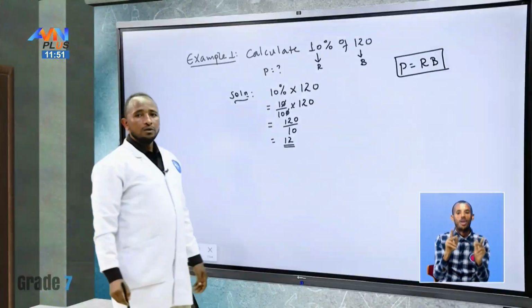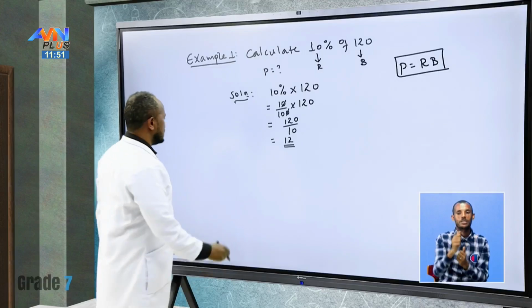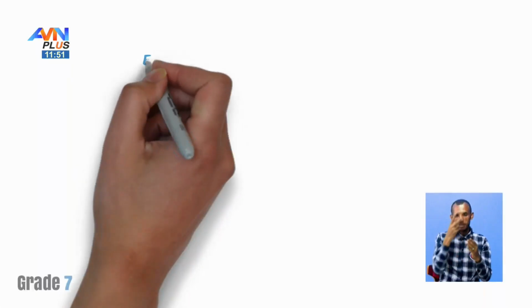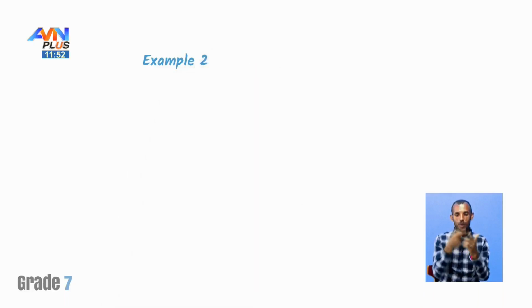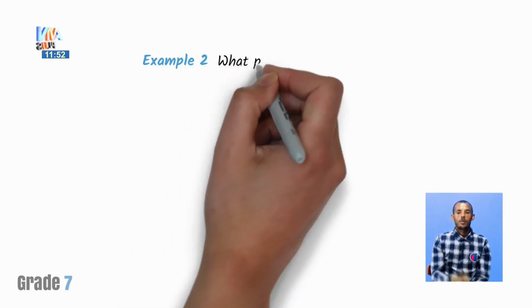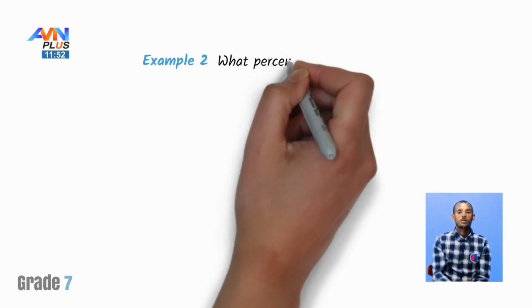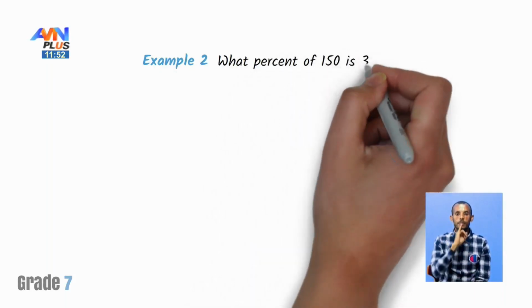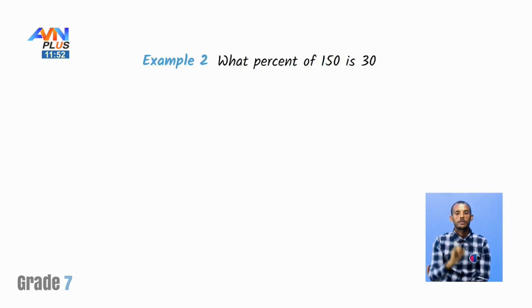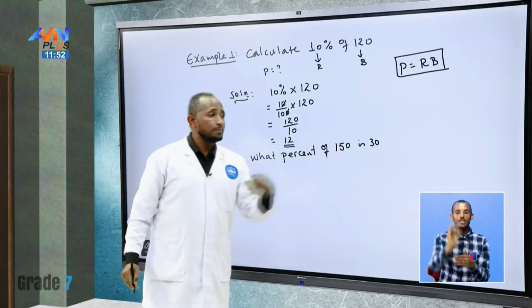Okay, now let's proceed. Let's see the second example. What percent of 150 is 30? What percent of this number gives you 30?